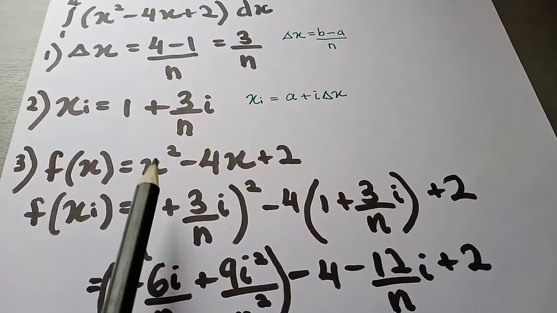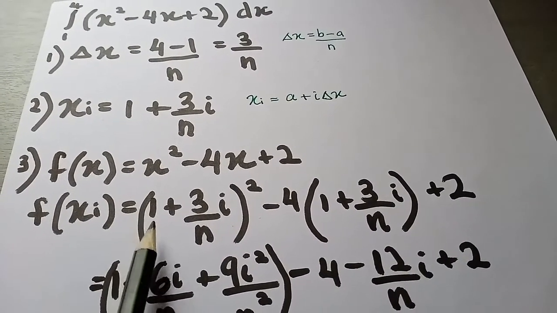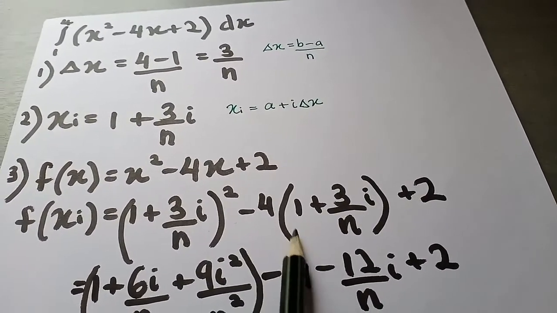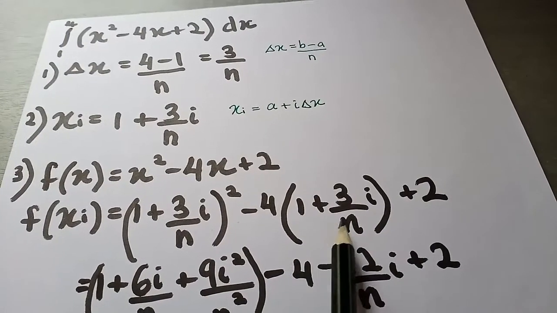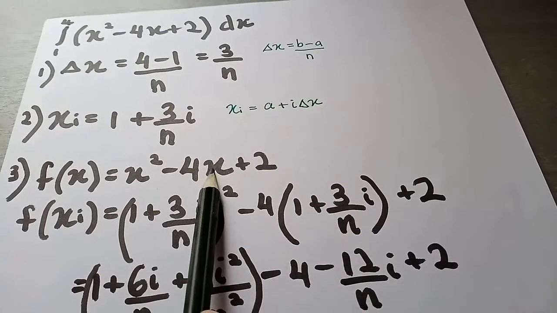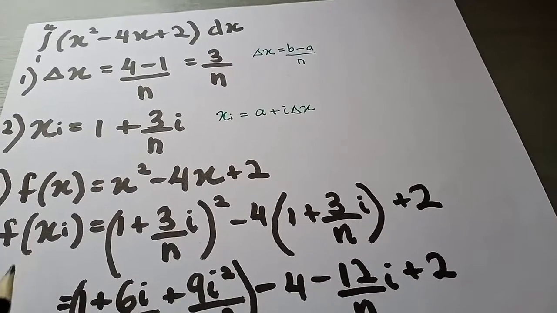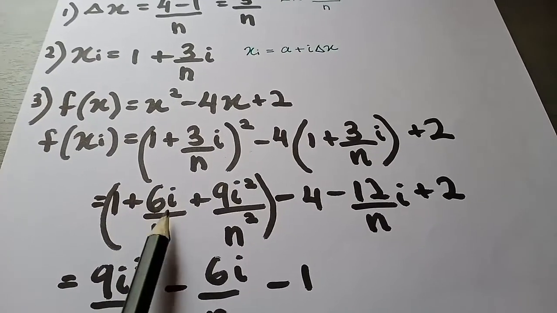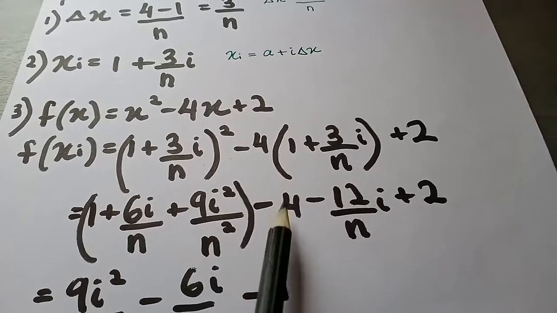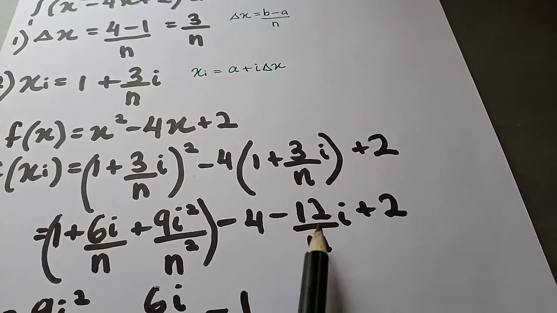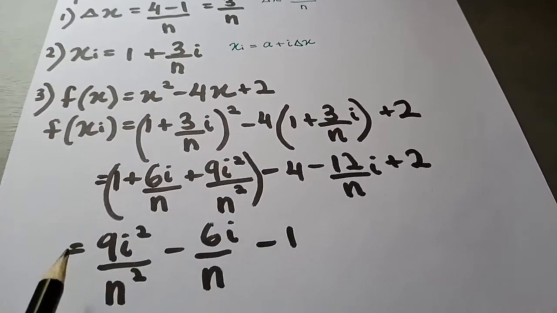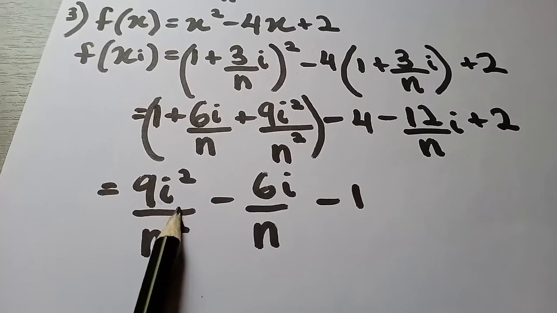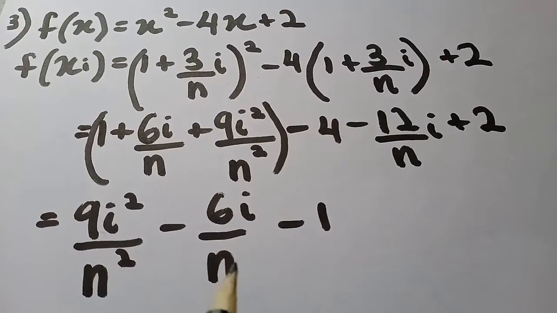So xi is (1 plus 3i over n) squared minus 4 times (1 plus 3i over n) plus 2, and we get 6i over n plus 9i squared over n squared minus 4 minus 12i over n plus 2. Simplifying it, we get 9 over n squared i squared minus 6 over n i minus 1.